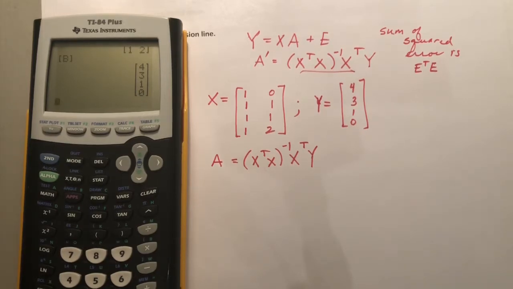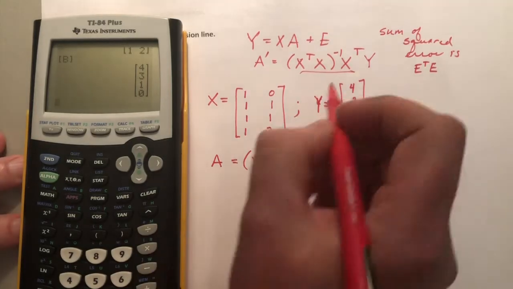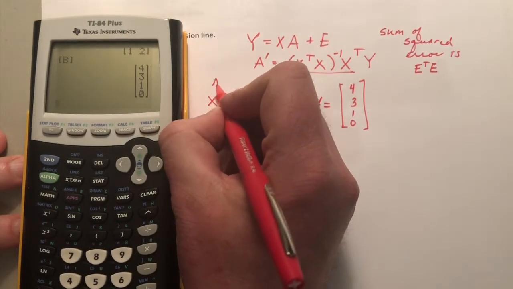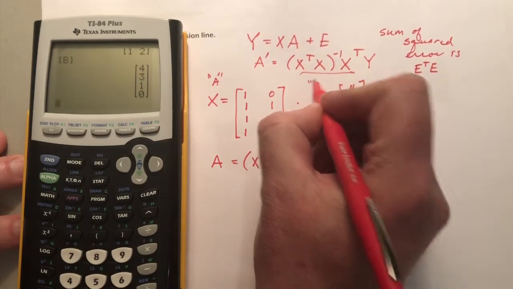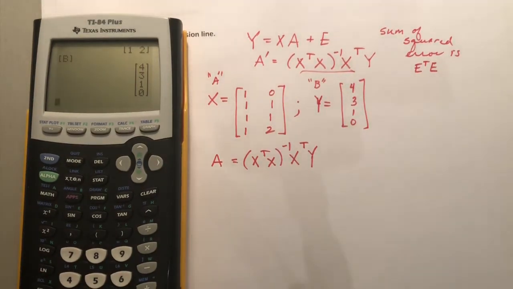So here's the fun part. I'm going to show you a shortcut. We said this was A in the calculator, and this is B in the calculator. I'm going to teach you a shortcut so when we do have problems on a test that you need a calculator for, you'll be able to do them quickly.